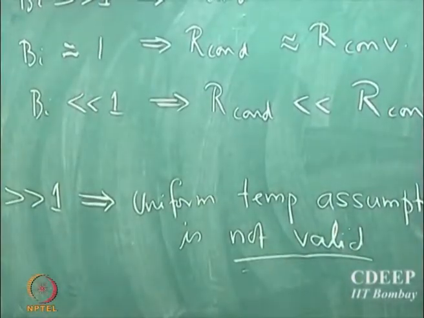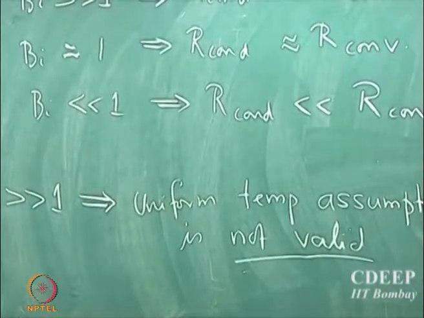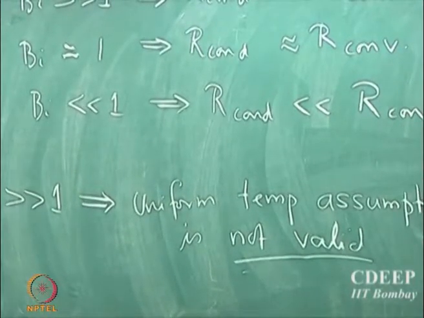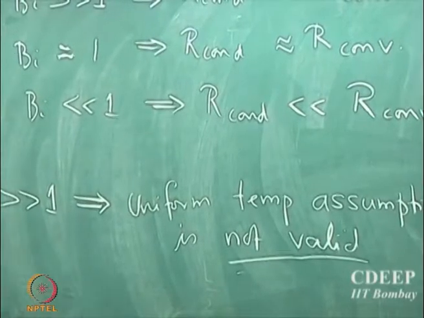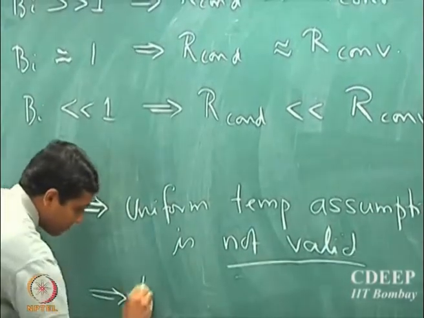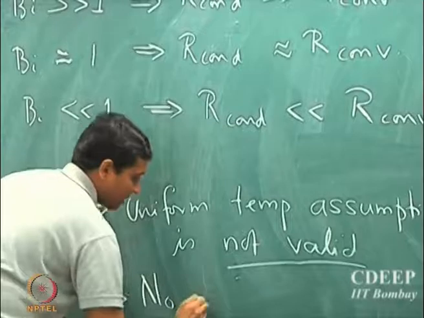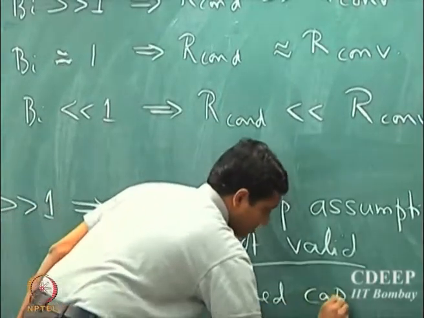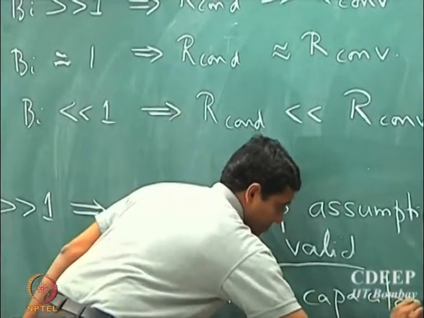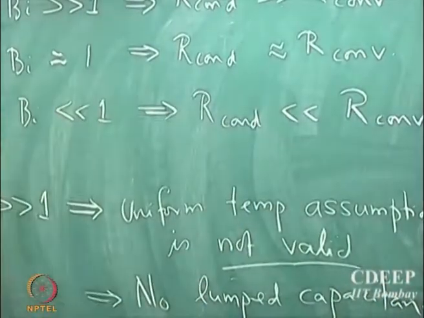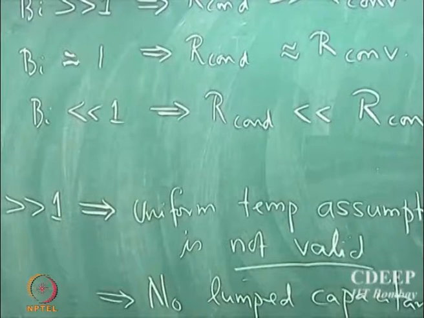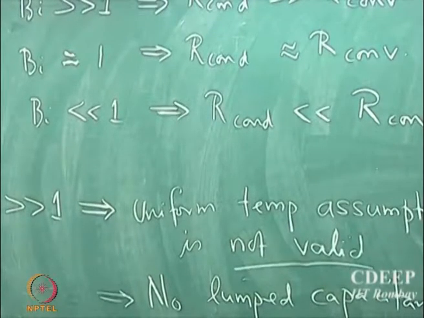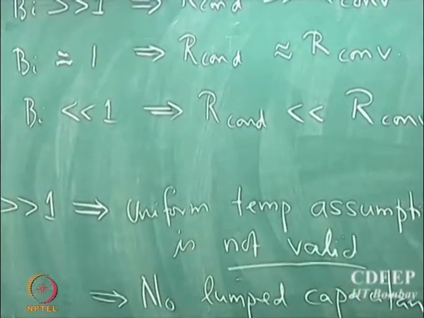Okay. So when Biot number is much larger than 1, you cannot assume a uniform temperature inside the system, which means that you cannot use lumped capacitance method. You cannot use the lumped capacitance method to approximate or to characterize the heat transport process.